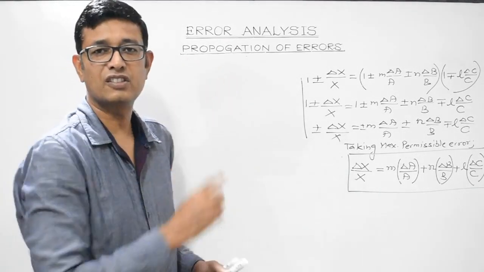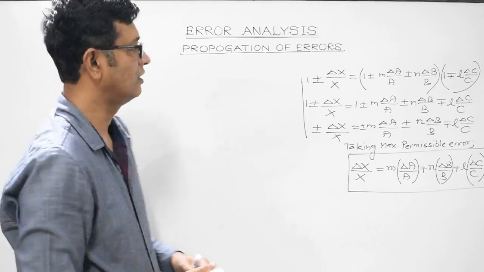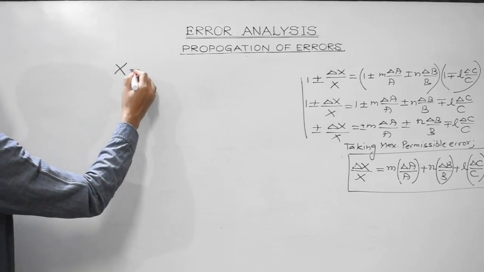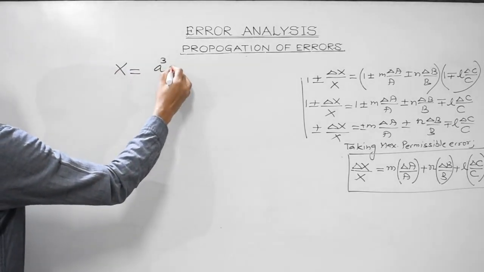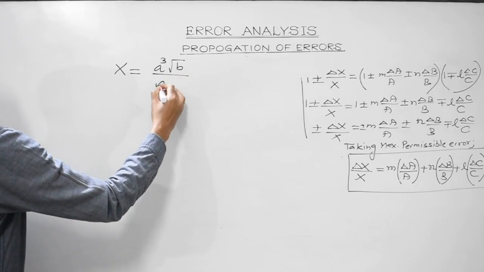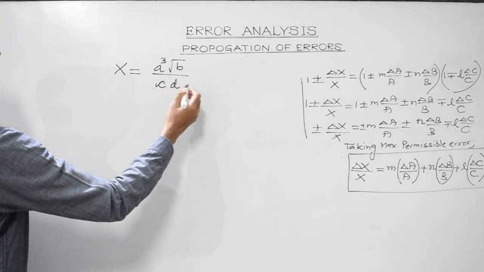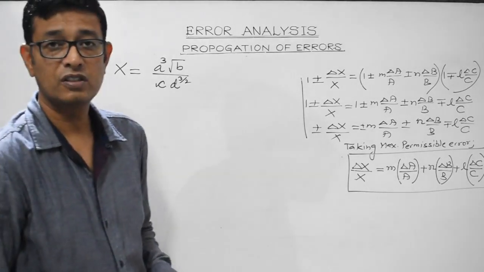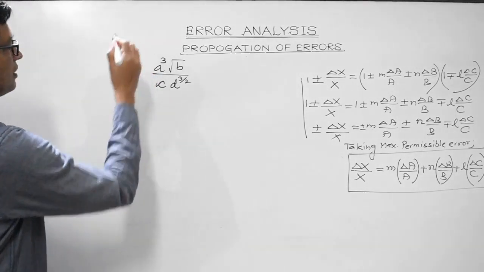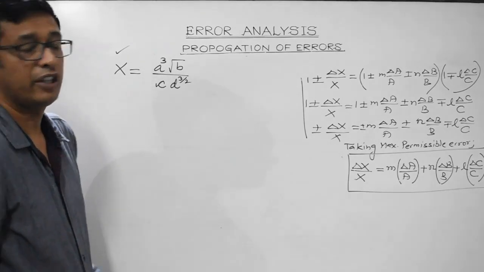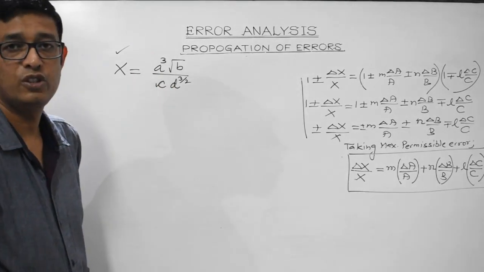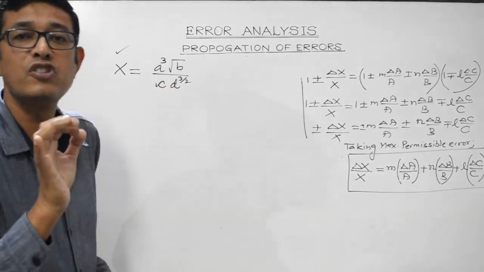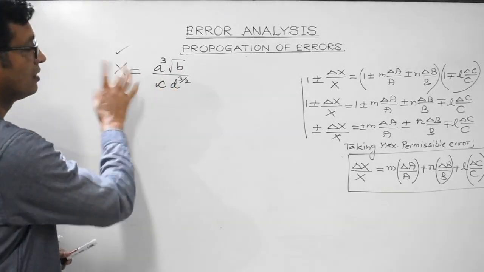So let's discuss a numerical based on this, right? So let us consider a quantity given by a cube root of b divided by c d to the power 3 by 2. Suppose a physical quantity x is given to be a cube root b divided by c into d to the power 3 by 2. A, b, c, d, these all are the measured values. X is the result.